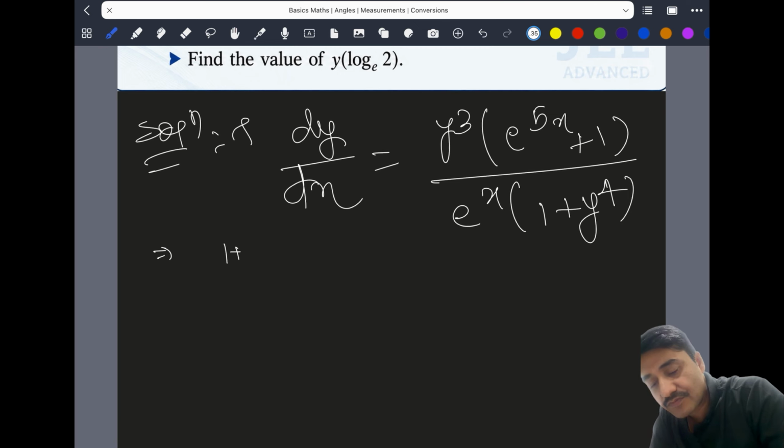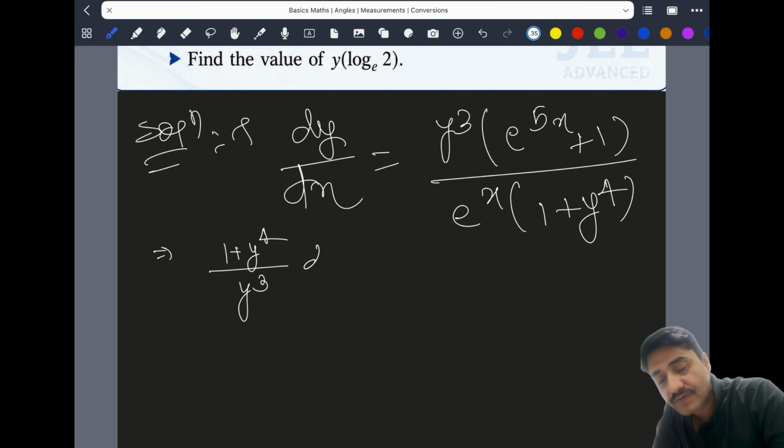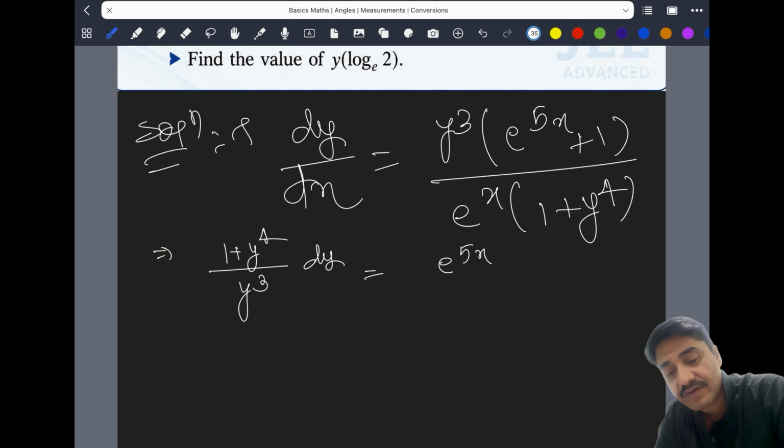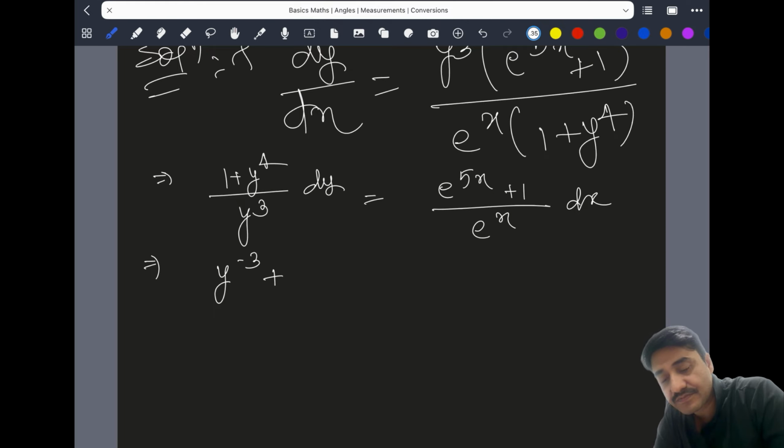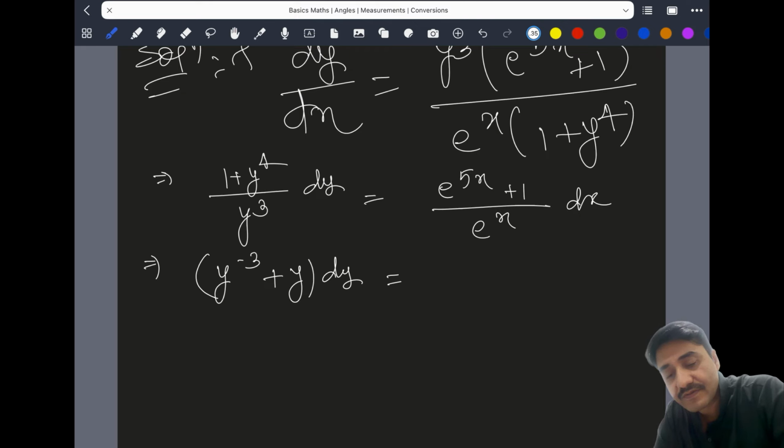So it will be 1 plus y raised to 4 by y cube dy, and this side it will be e raised to 5x plus 1 by e raised to x dx. Now divide it, so it will be y raised to minus 3 plus y dy. This side it will be e raised to 4x plus e raised to minus x dx.